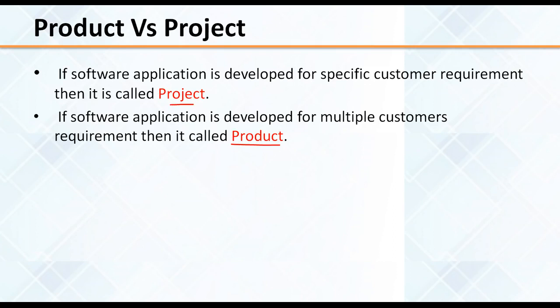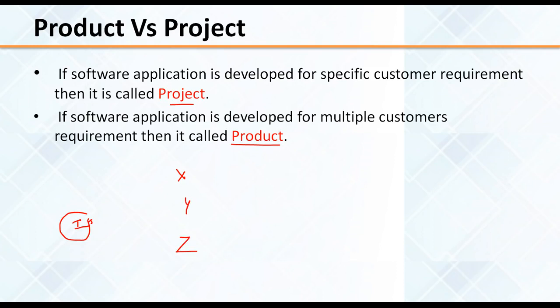So let me explain this. This is also called application, project and product. A very simple example: for example, we have an IT company, and there are multiple clients, suppose X bank, Y bank and Z bank. There are n number of banks.